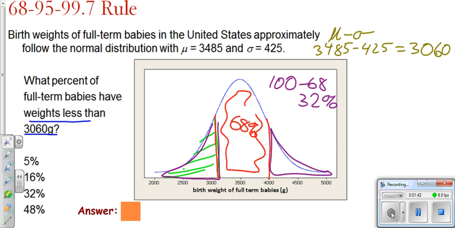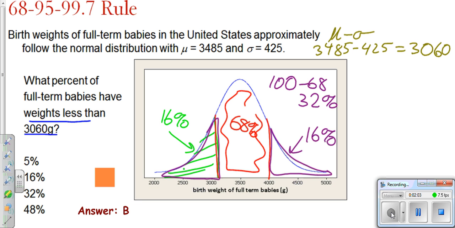We're only looking for the one tail. Well, if we know what both of them add up to, and they're both the same, we would then know that this tail over here to the left is 16%. The tail over here to the right is also 16%. We're only looking for what's on the left, less than, so that means our answer is B.